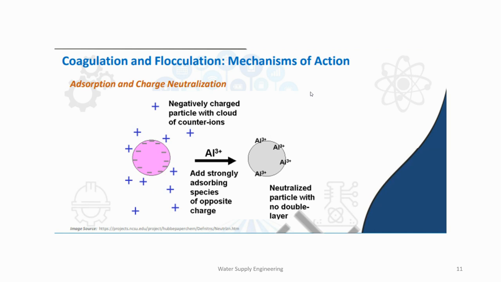So, the positively charged ions from the added coagulant will be attracted and adsorbed on the surface of the negatively charged colloidal particles, thus forming a neutralized particle without any double layer. So that is the second mechanism of action for coagulation and flocculation.